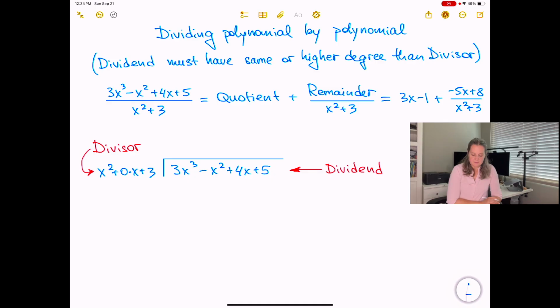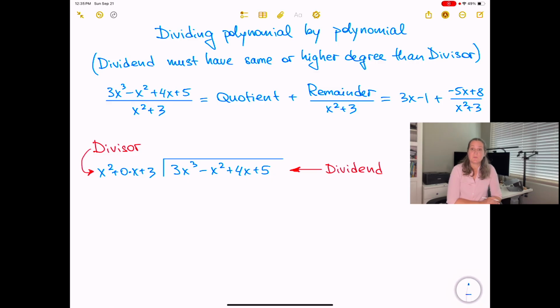Our dividend, 3x cubed minus x squared plus 4x plus 5, has every term present in the polynomial. We have x cubed multiplied by the constant 3, x squared multiplied by the constant minus 1, x to the power 1 multiplied by 4, and 5 multiplied by x to the power of 0.